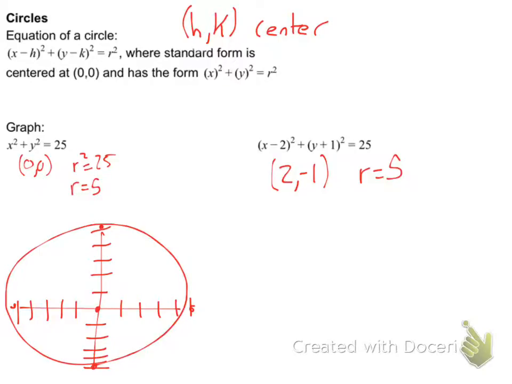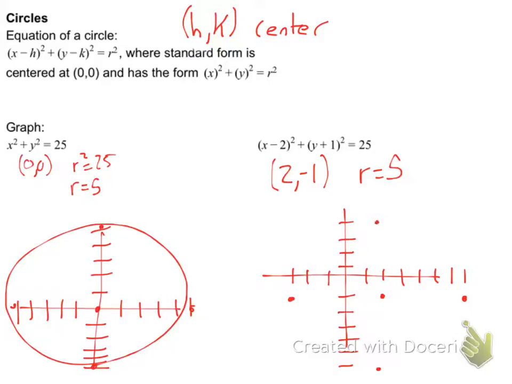So, doing the exact same thing. 1, 2, 3, 4, 5. And there is the circle again.